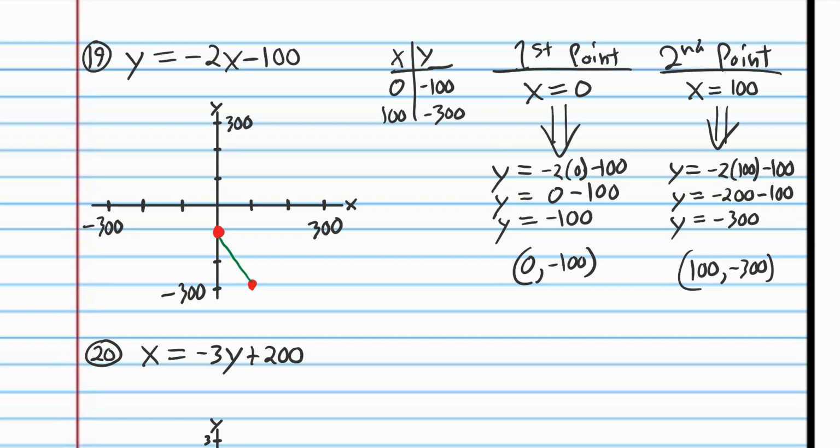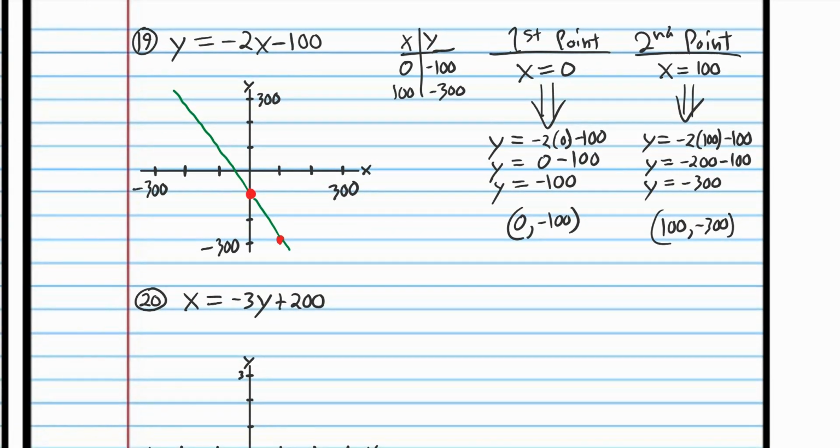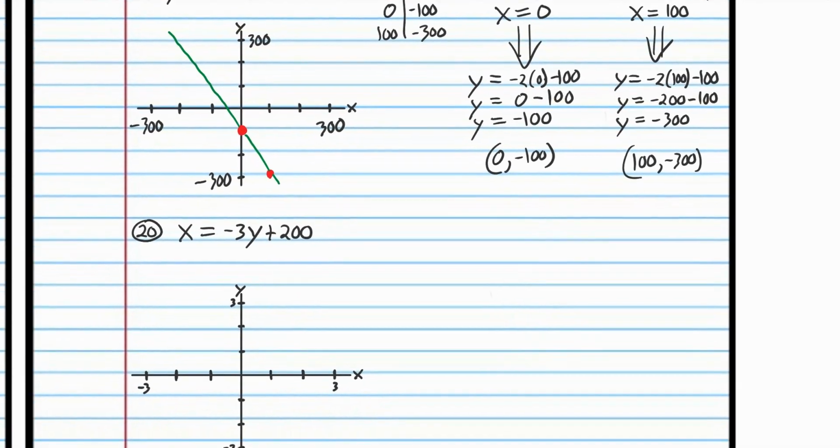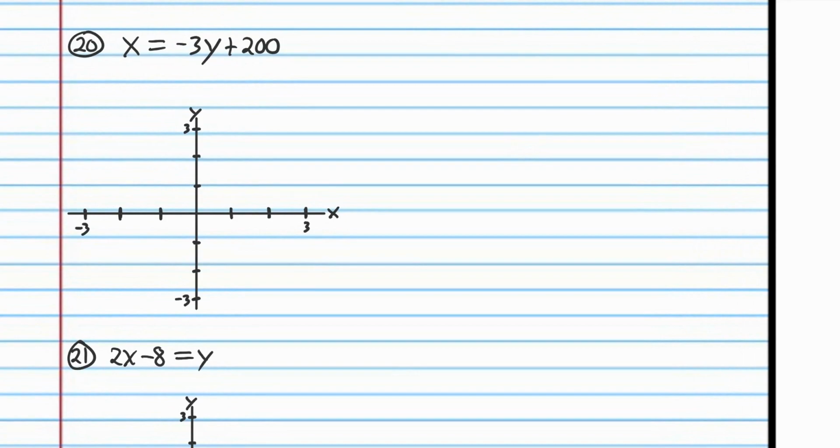Connect the dots. All right, I went a little bit out of the window there. That's okay. It's going to be roughly correct. All right, so if you got that graph, good job. So now try number 20, and when you come back, we'll do it together.